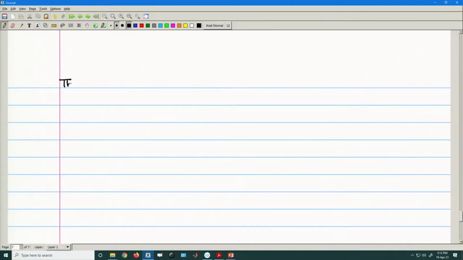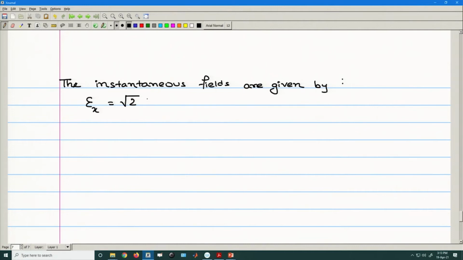The instantaneous fields are given by, Ex is root 2 times the real part of Ex e to the power of j omega t.